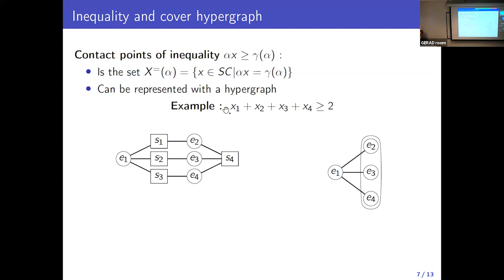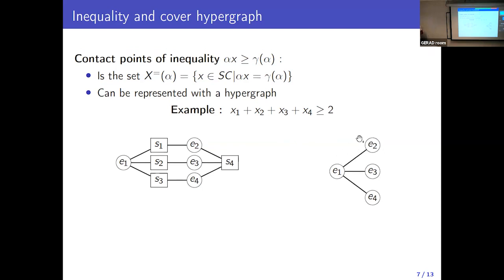For example, if we take this valid inequality, which says that you need to choose at least 2 elements in order to have a solution for this instance, and it's true, the only possible covers have at least 2 elements, then the covers that actually satisfy this to equality are the covers of size exactly 2, and we can represent that with the hypergraph we had before, just removing the cover of size 3. So this smaller hypergraph is going to represent the set of contact points of the inequality with the polyhedron.